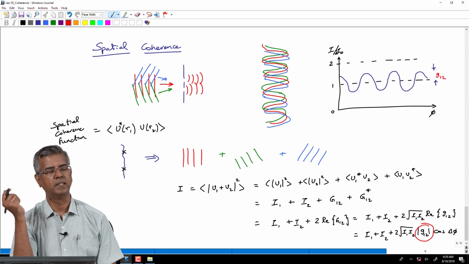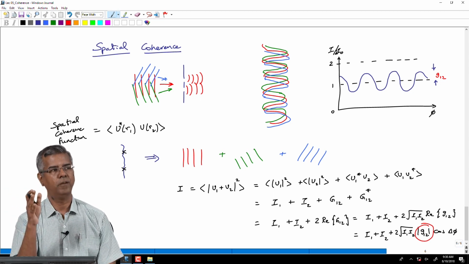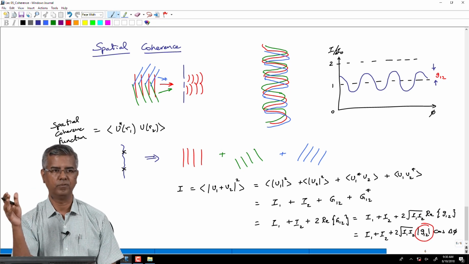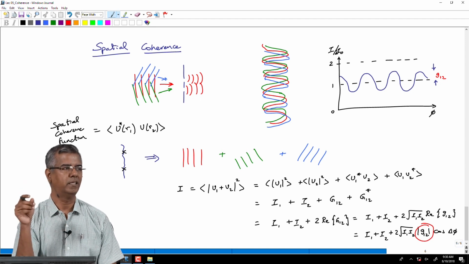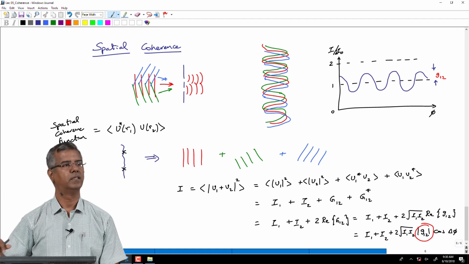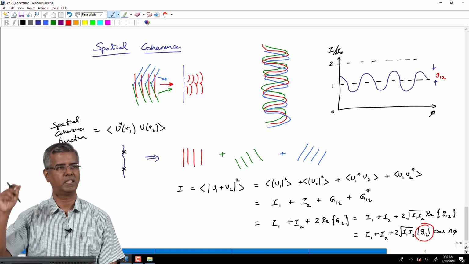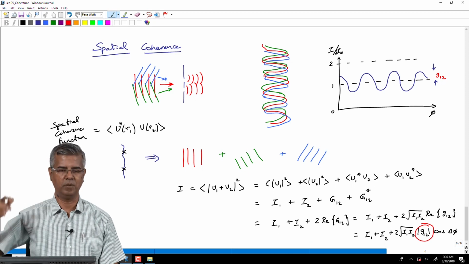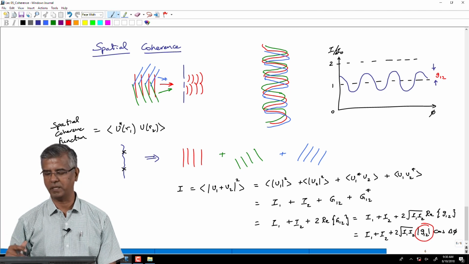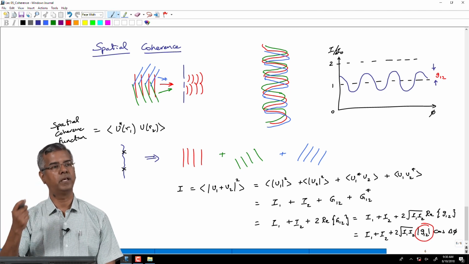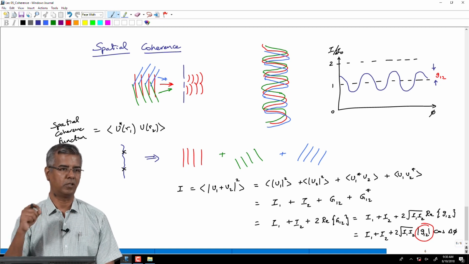We had been looking at the ideal case before, the plane monochromatic wave, in which case g12 was equal to 1. So we had constructive and destructive interference yielding the absolute maximum and the absolute minimum, which is 0. But now we are bringing into the discussion a property of light called coherence.